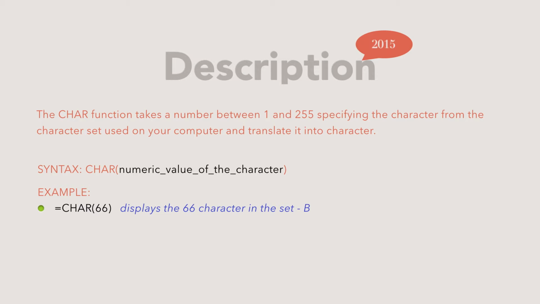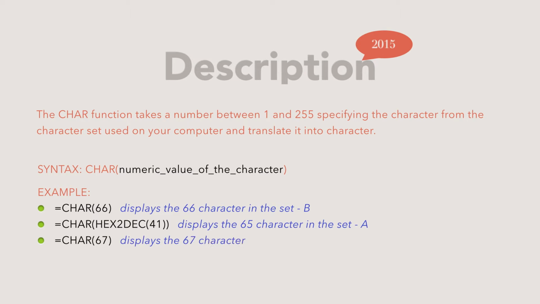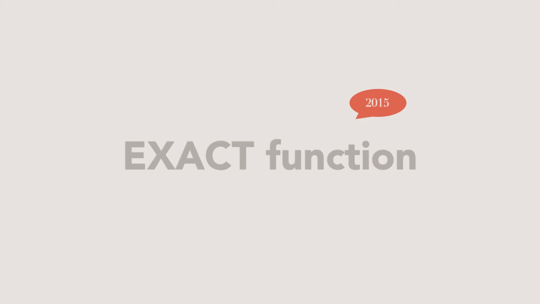Here's an example: CHAR(66) would be capital B. If somebody sends you the hexadecimal version of the number, you can use HEX2DEC to transform the hexadecimal number into a decimal number and then use CHAR to transform it into the letter that you need. CHAR(67), like I mentioned before, represents capital C.